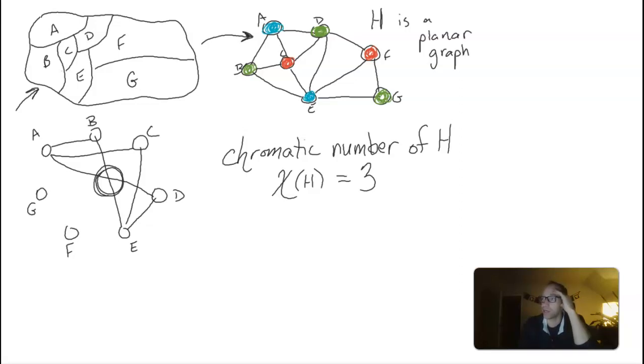Now, if you just have a general graph, let's take K5. So K5 is just 5 vertices, and K stands for complete.